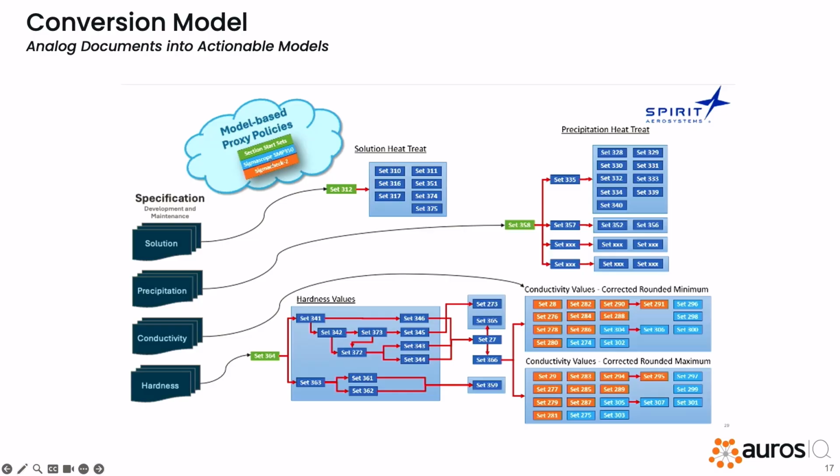So hardness values, conductivity values to be provided. That looks a little scary. If you had to go do that as a manufacturing engineer and create those three operations, you have to know a lot of stuff. One, you got to know what specifications to use. You got to walk your way through a really complex spec that is not very obvious.